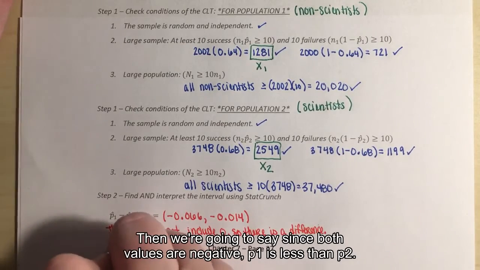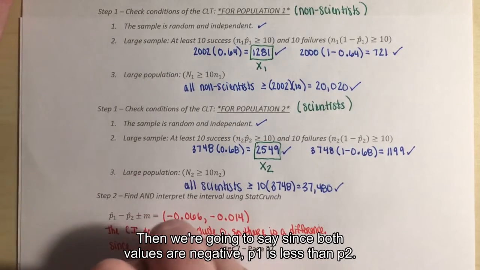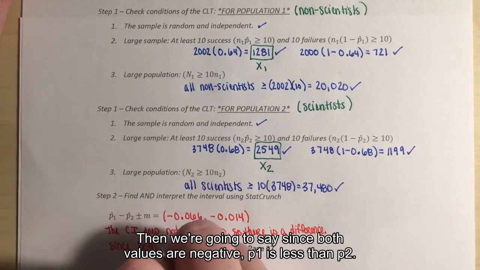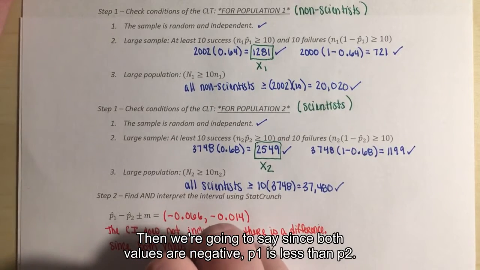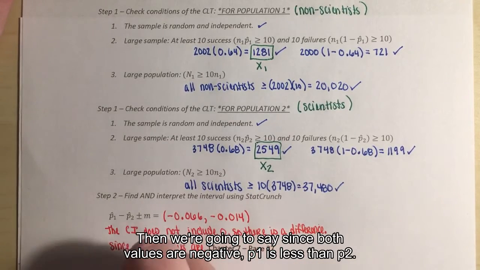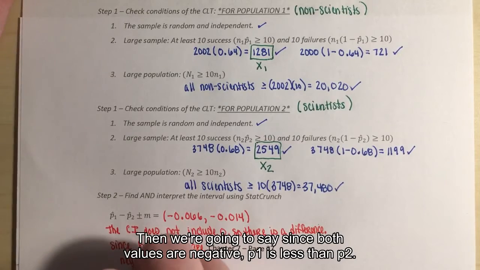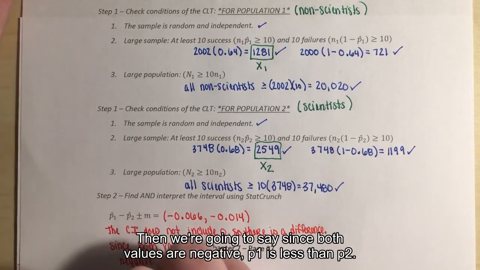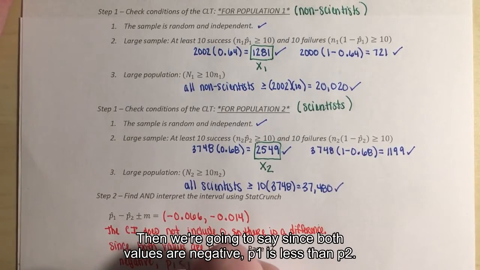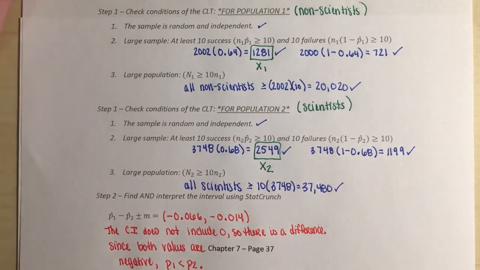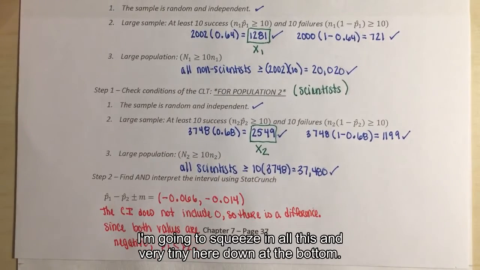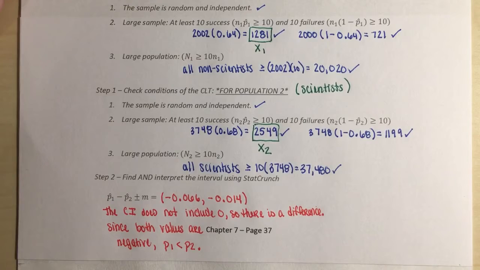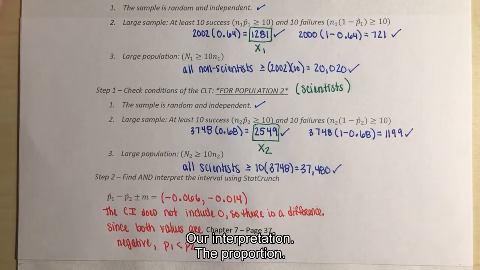And then we're going to say, since both values are negative, p1 is less than p2. All right, so I'm kind of squeezing all of this in very tiny here down at the bottom. All right, so our interpretation.